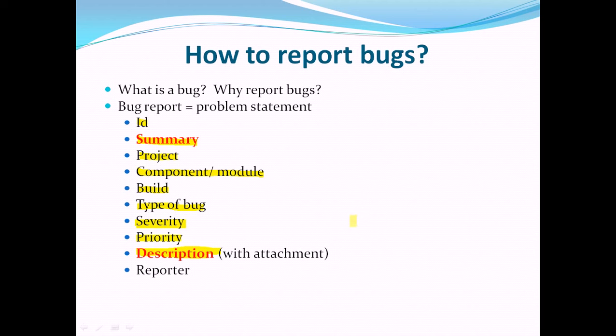So in description, you can describe what is the problem. How you do that is you can give the steps you ran until you faced a problem. So you can give each of the steps. You can also specify what data you used when you ran each of those steps.